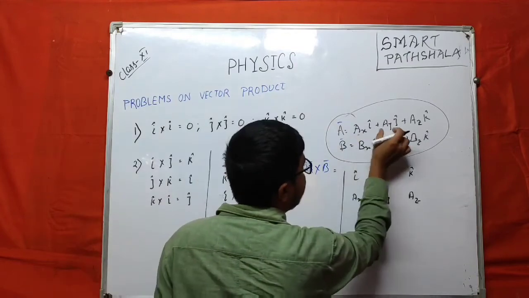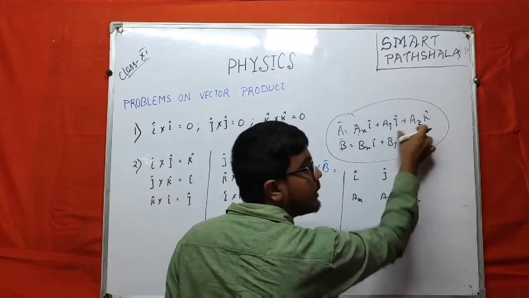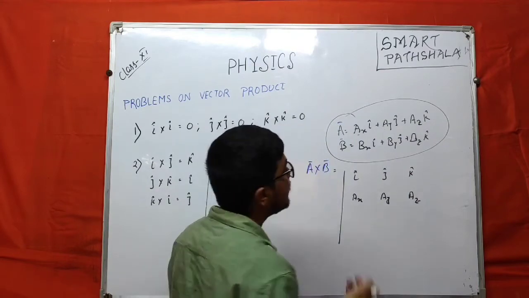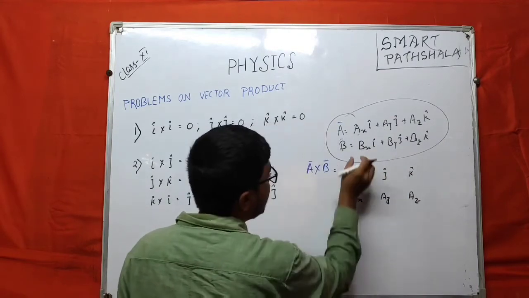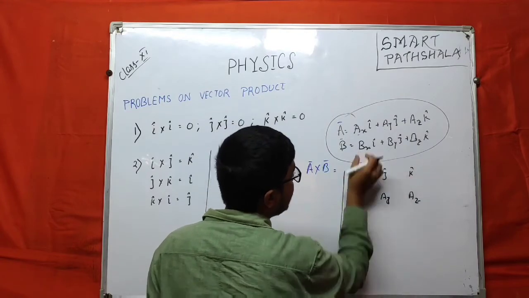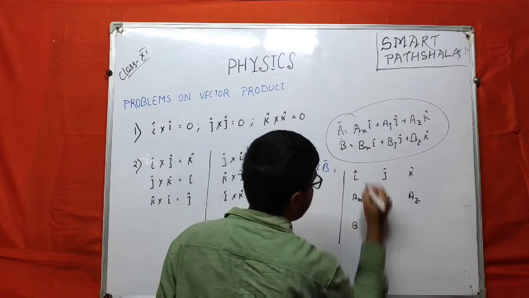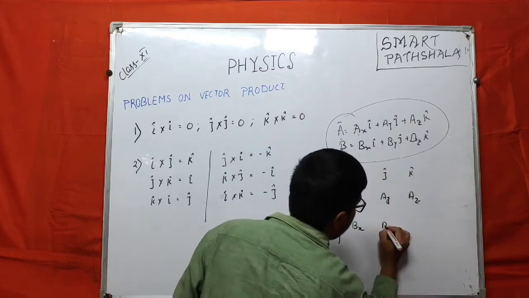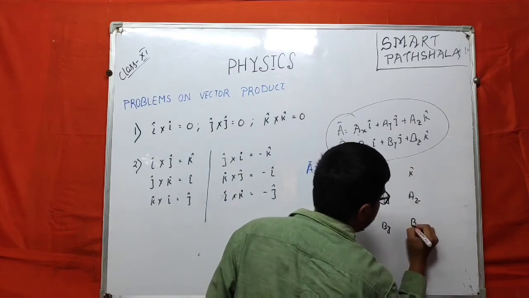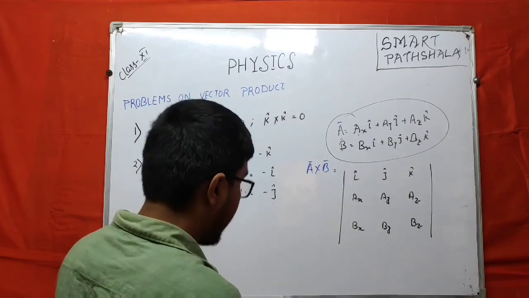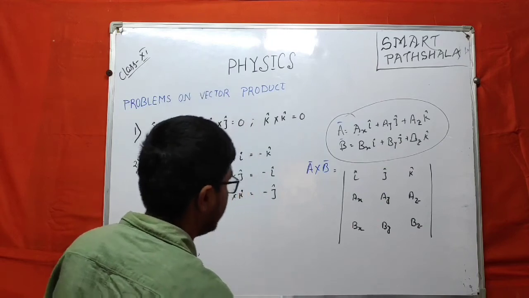These AX, AY, AZ will be some numerical values in our problems. Now in case of B vector, we will write BX, BY, and BZ. Now our arrangement is over.